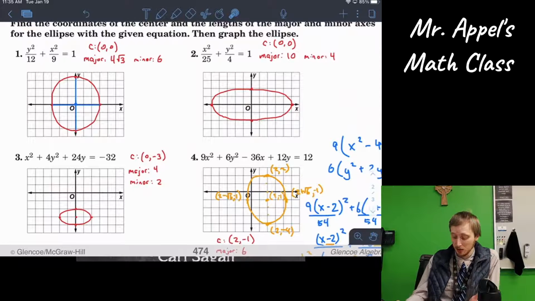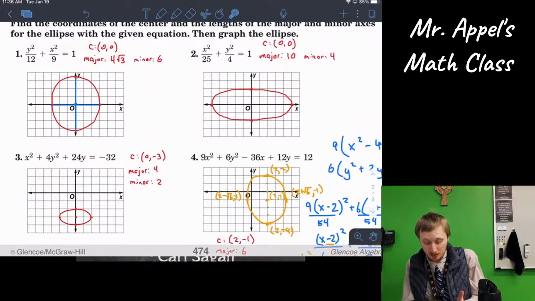That said, any questions on graphing the ellipses? Problems with that? No?